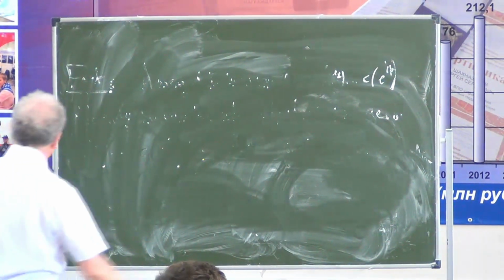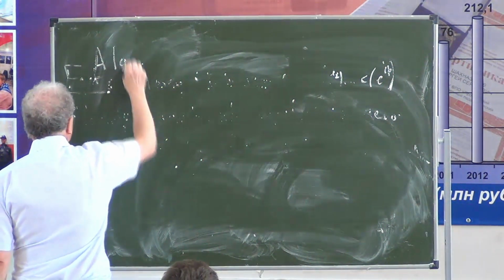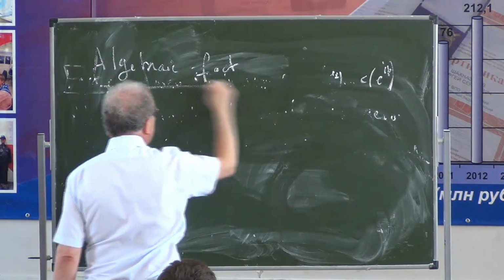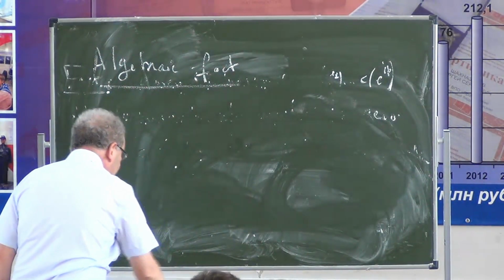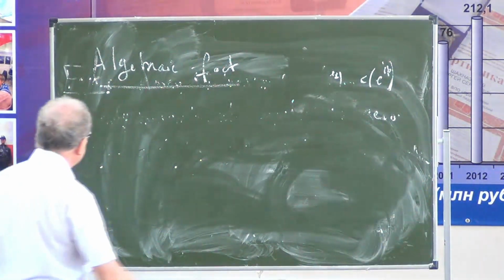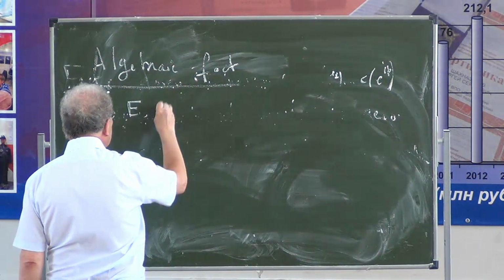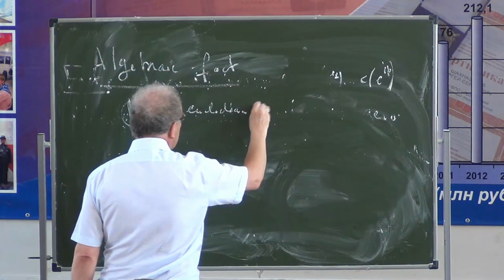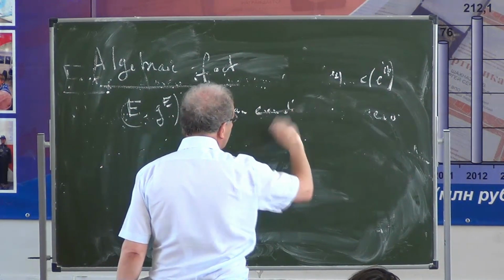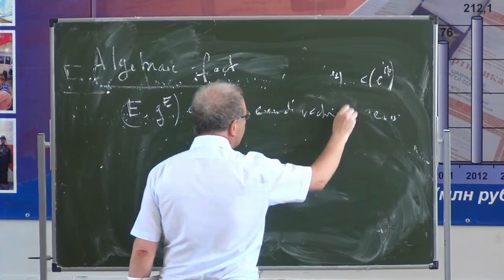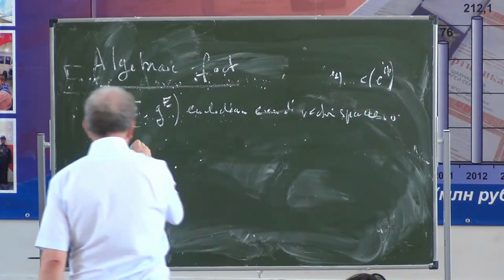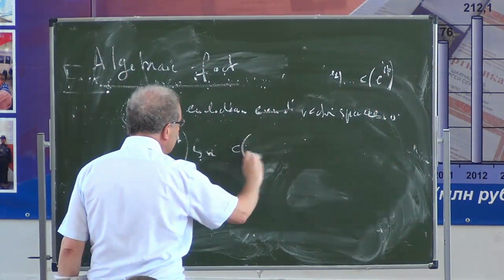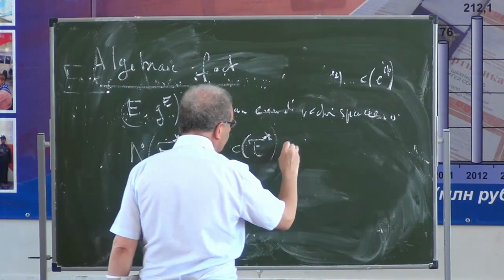So first of all, again, an algebraic fact. The first fact is completely elementary. It is the fact that if you give yourself E, g_E to be a Euclidean, even dimensional vector space, then Λ(E*) is a C(E)-module.